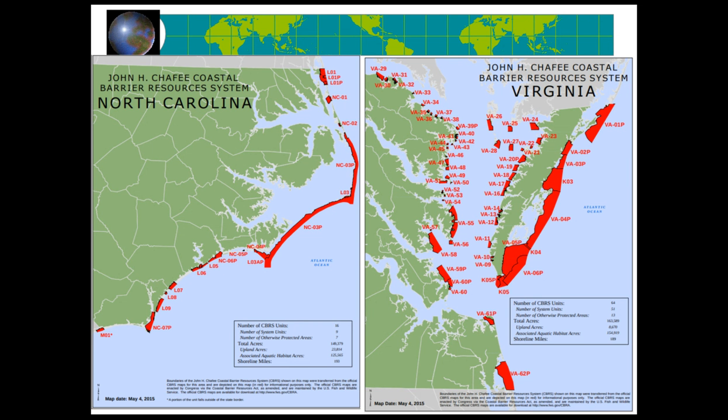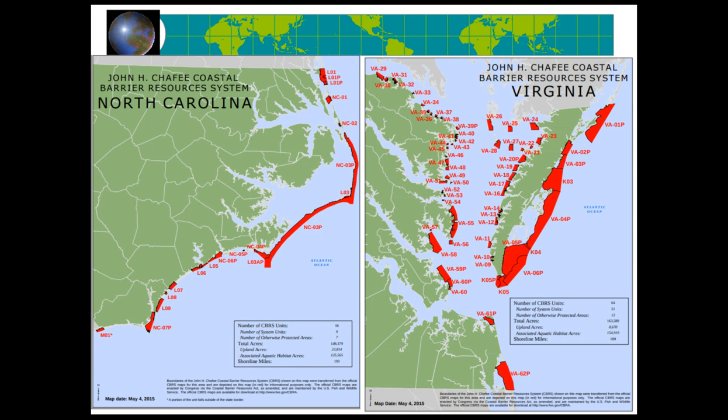In 1982, Congress passed the Coastal Barrier Resource Act, which designates 186 barrier island units extending for 751 miles along the Atlantic and the Gulf shoreline as coastal barrier resource systems.